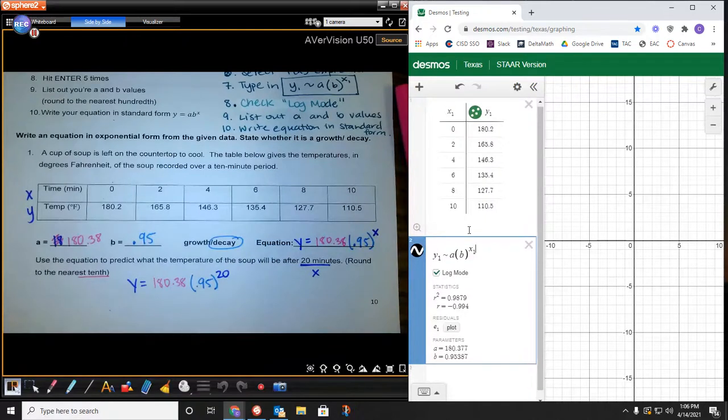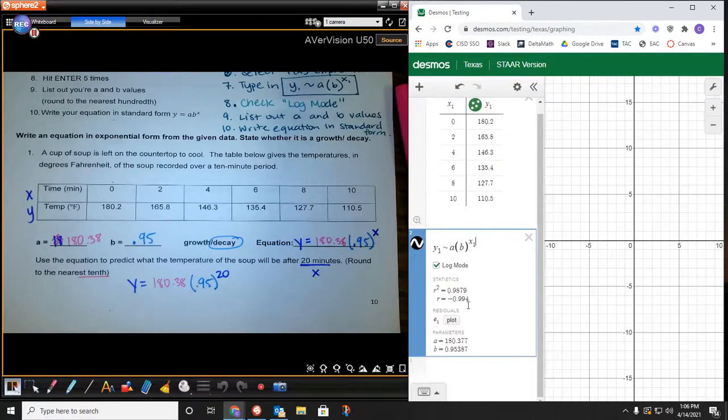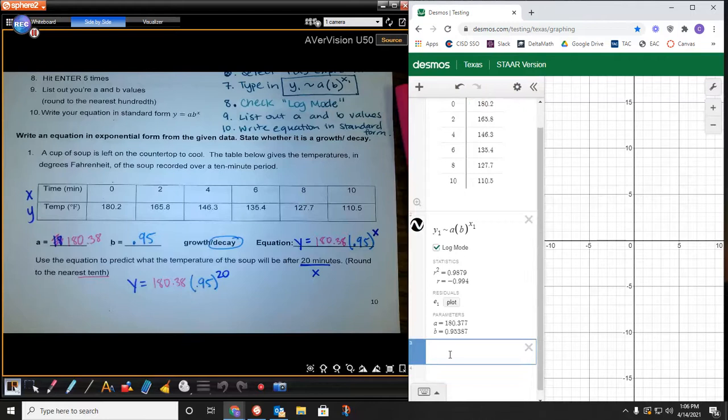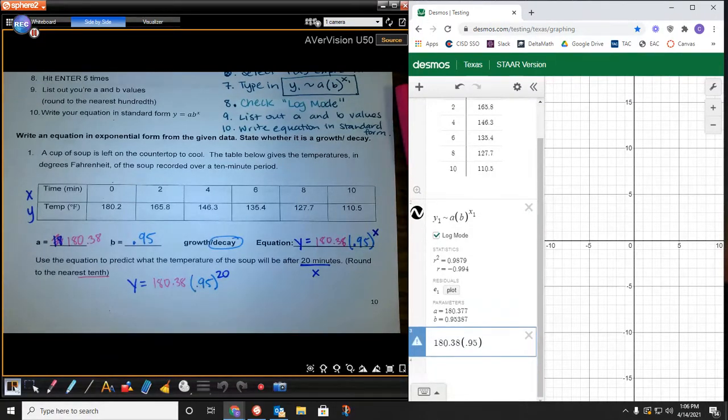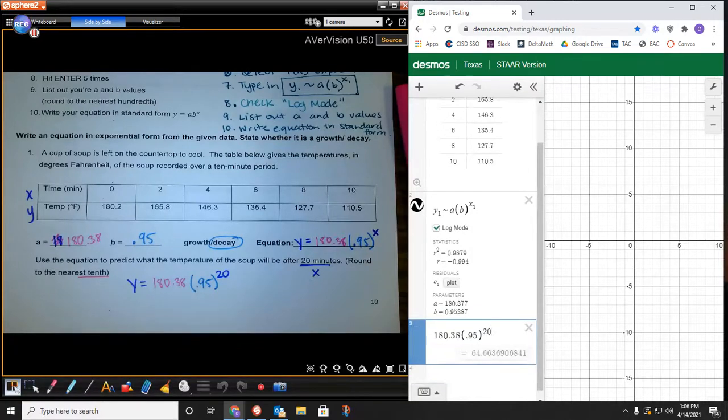How we can do this here is you can go down and add another expression, and we can just say, okay, that's 180.38 times 0.95, and we're going to raise that to the 20th power.